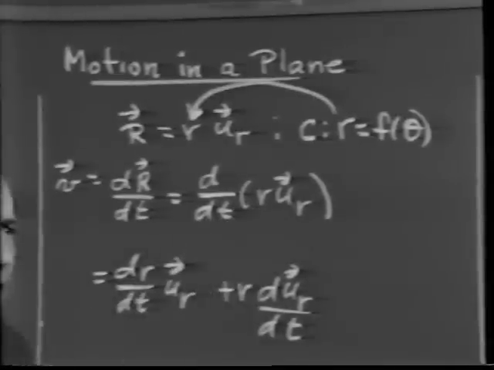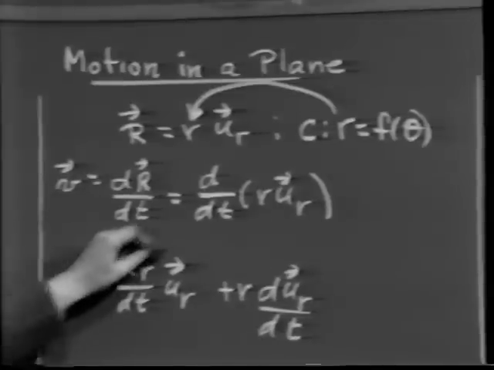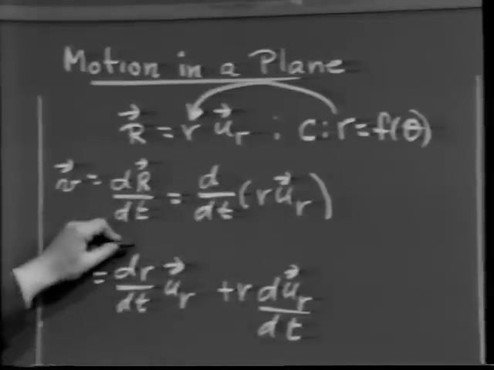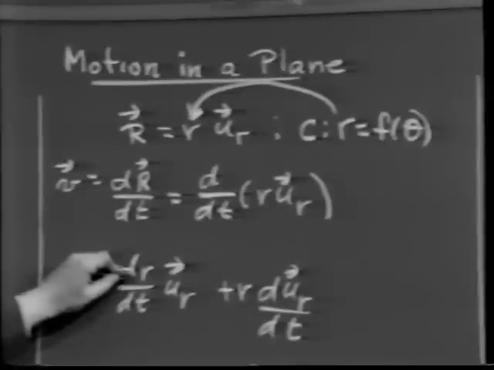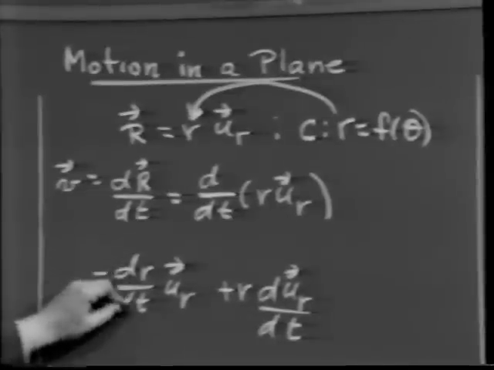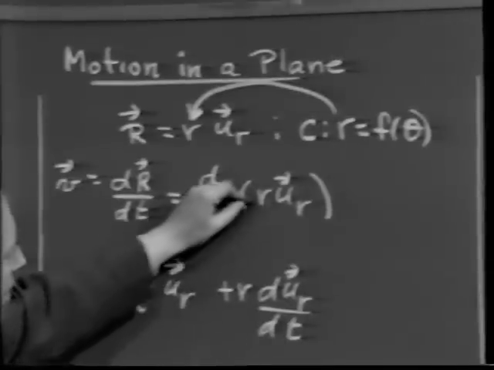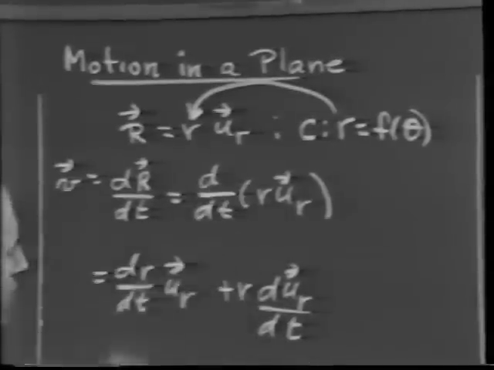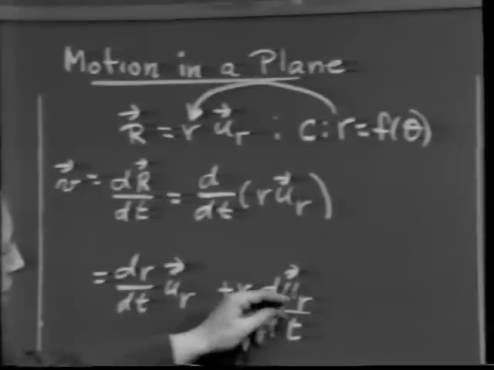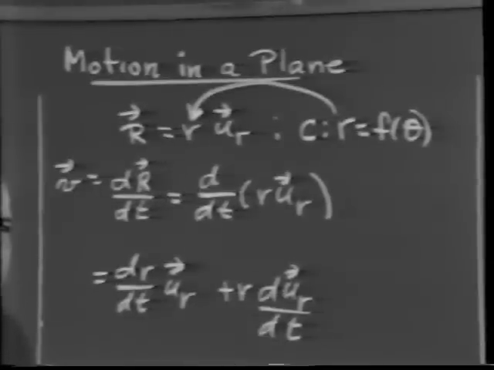Consequently, I must use the product rule here. I already know that I can use the product rule for vector and or scalar functions and any combination thereof. So I just differentiate this thing with respect to time. I get what? This is dr/dt, in other words, the derivative of the first times the second, which is u sub r, plus the first times the derivative of the second, which is the derivative of u sub r with respect to time.